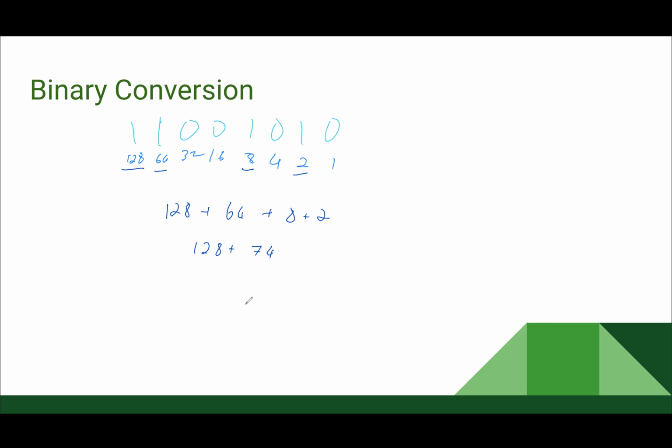And that's going to give us 202. So 11001010 in base 2 is the same as 202 in base 10.